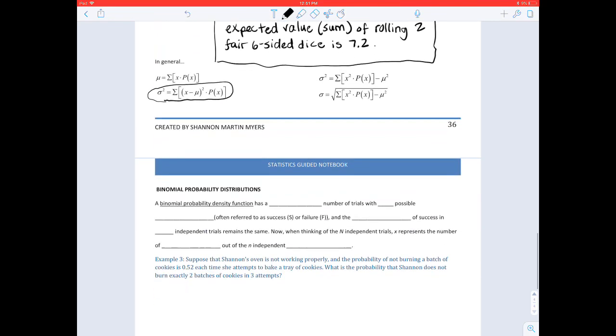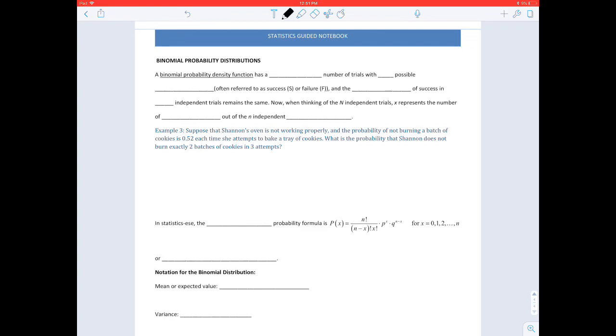All right, so now let's look at binomial probability distributions. These are kind of a simplified deal. You either have a success or you have a failure. The density function has a finite number of trials with two possible outcomes, often referred to as success or failure.